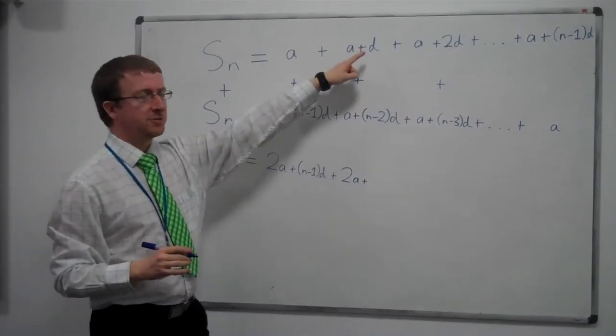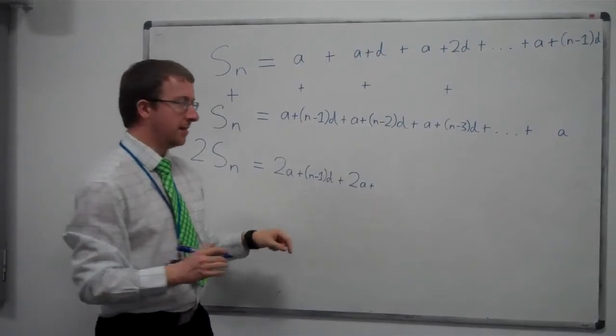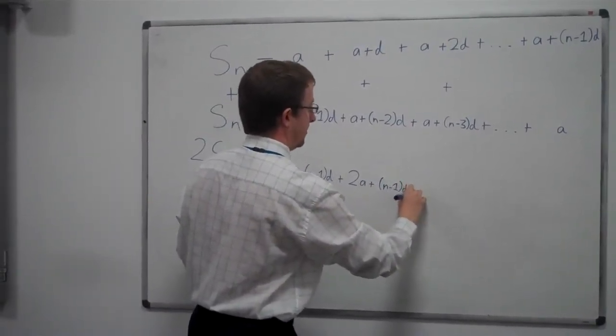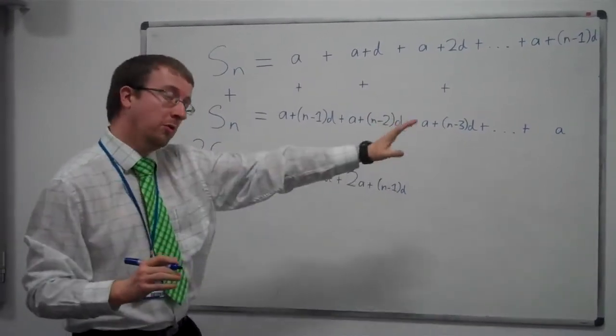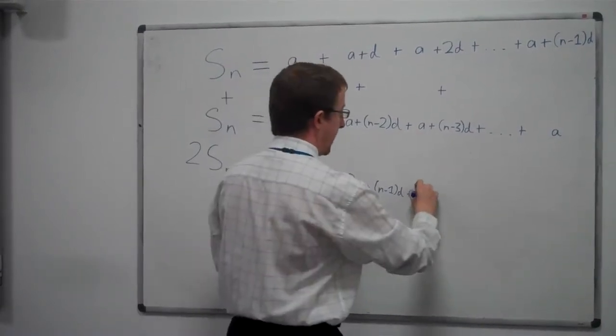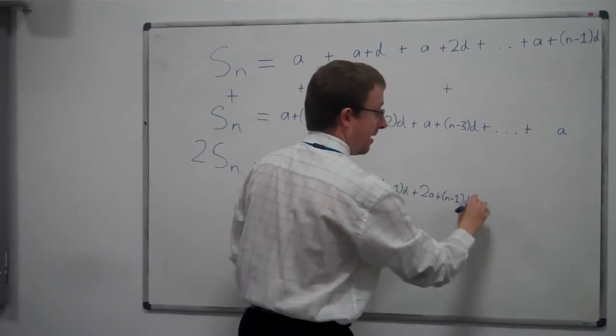And then I have, it's tricky to think about, n minus 2D plus 1D. Which, if you think about it, actually gets you back to n minus 1D. This happens all the way along. They all turn out to add together to make another 2A plus n minus 1D.